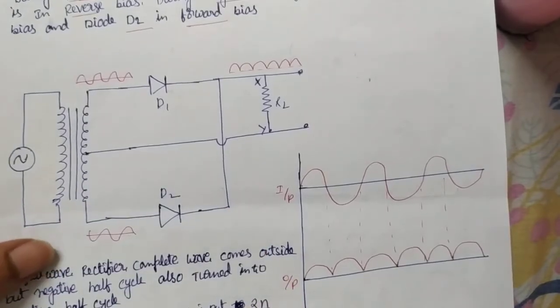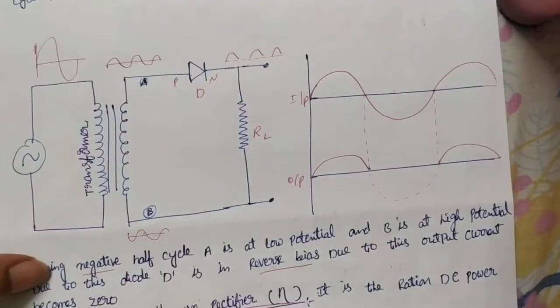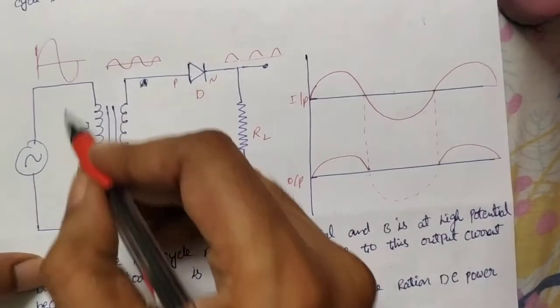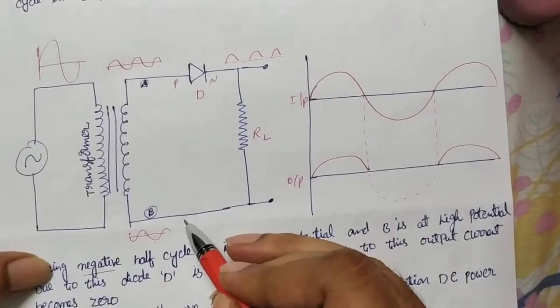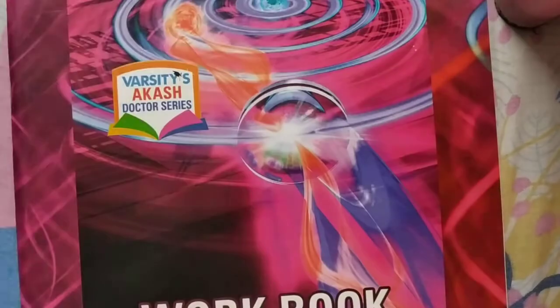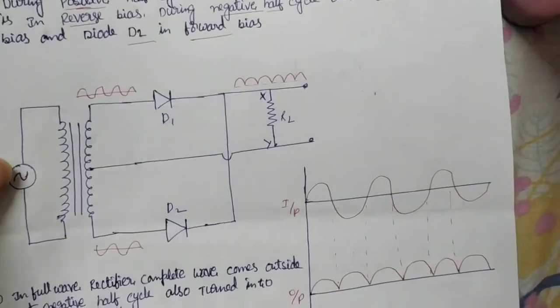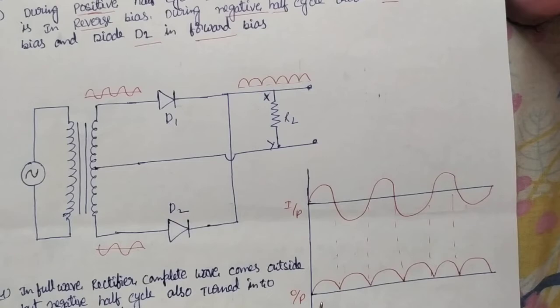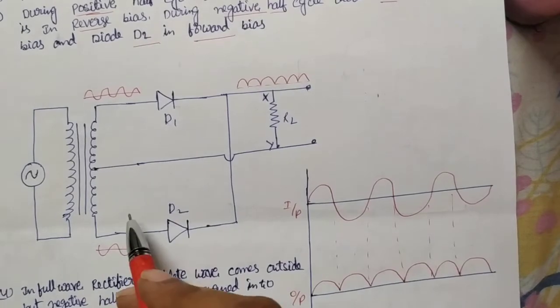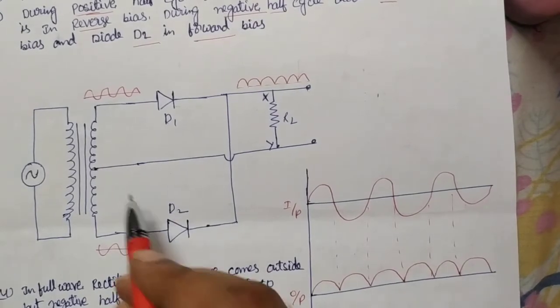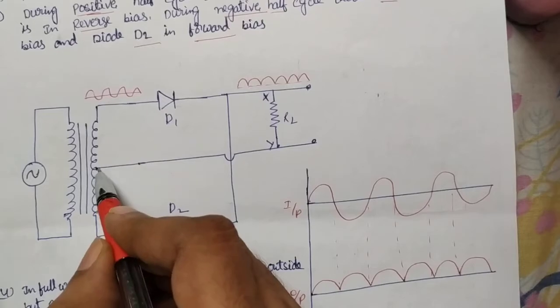In the half wave rectifier we are using a transformer with 2 inputs and 2 outputs only. But in the full wave rectifier we are using a center tap transformer. What does center tap transformer mean? There is another terminal at the center of the transformer.